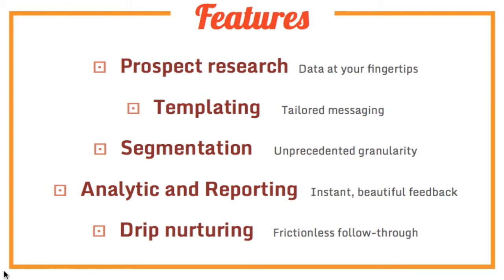Analytics and reporting. We provide you an interface, a system, so you can view opens, replies, link clicks, bounces, and more for that email. Drip nurturing. You can plan the campaign in the future, for the next month or maybe 2 months.